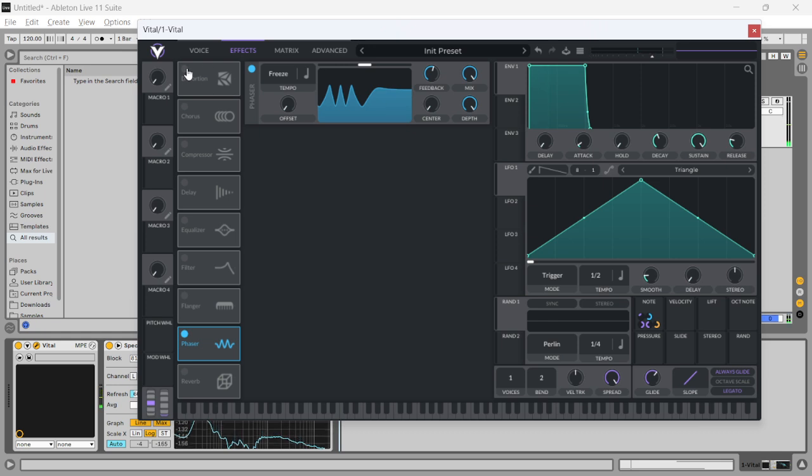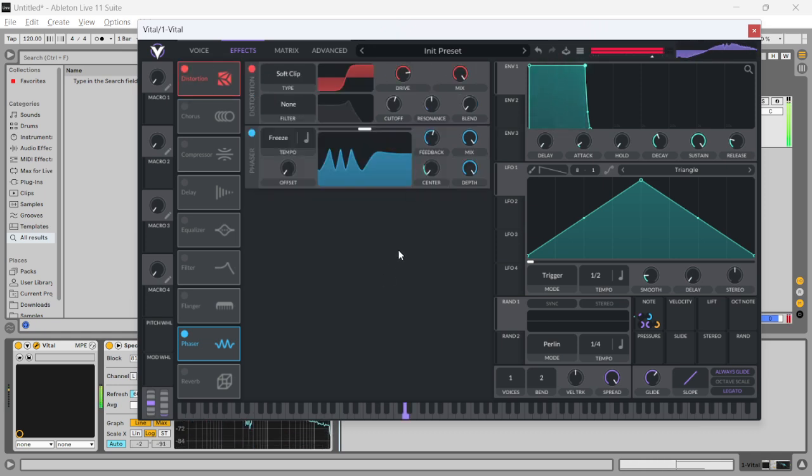Nice, and let's get the distortion. Nice, we have a nice sound.